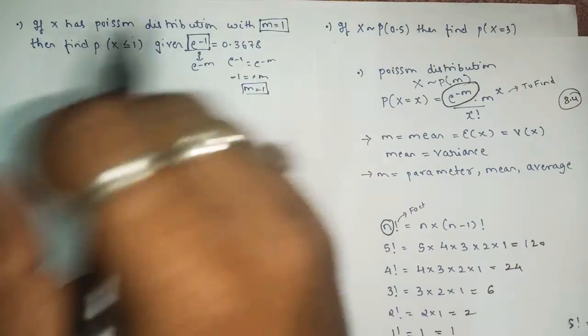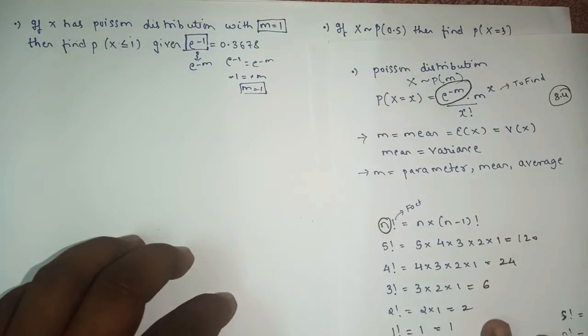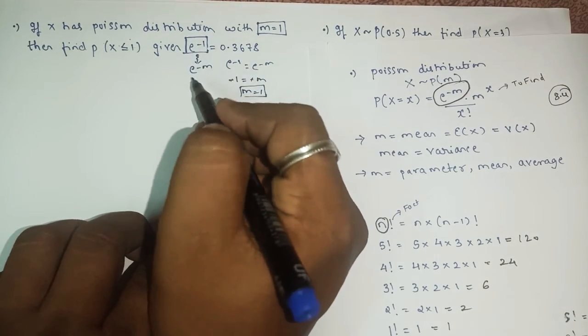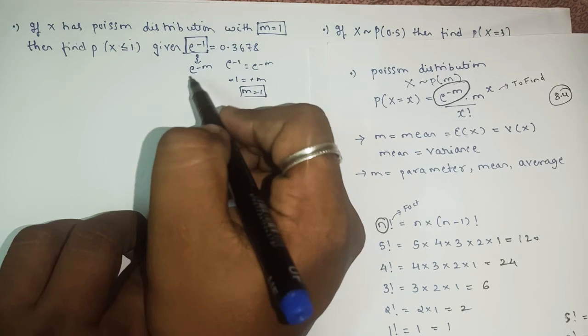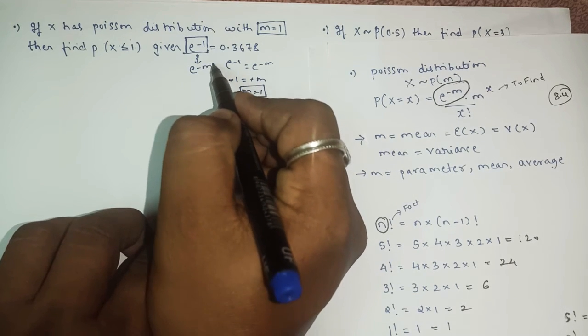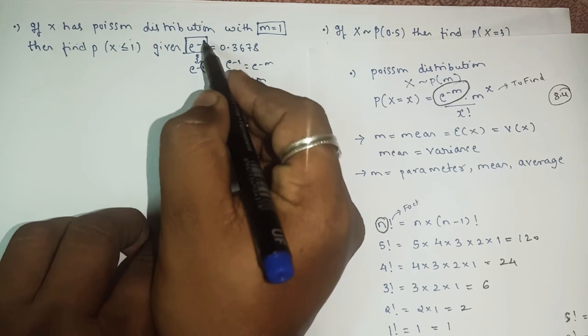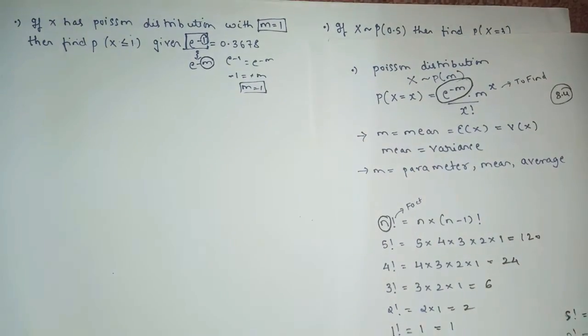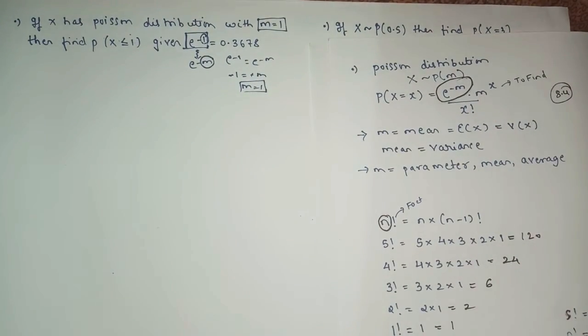Suppose sometimes it is not given, we don't have the value of m. Then easily we can find it just by comparing with e raised to minus m and seeing what is there in place of m. It is 1, so directly we can write m equals 1. So don't worry about m if it is not given.